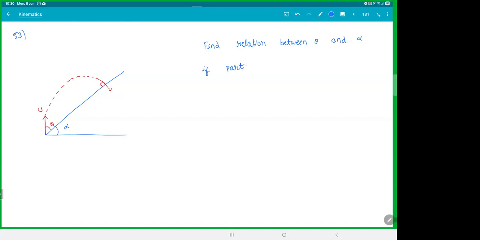If the particle collides perpendicular to the incline, options would be something like tan theta is equal to cos alpha, sin theta is equal to cot alpha. There'll be 4 options. They're not asking for any perfect numbers, but there'll be some relation like that, like perpendicular to the incline.